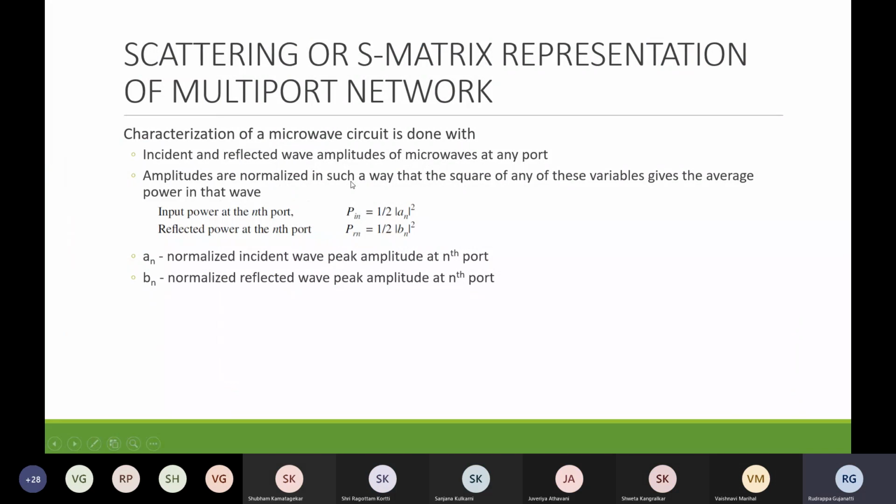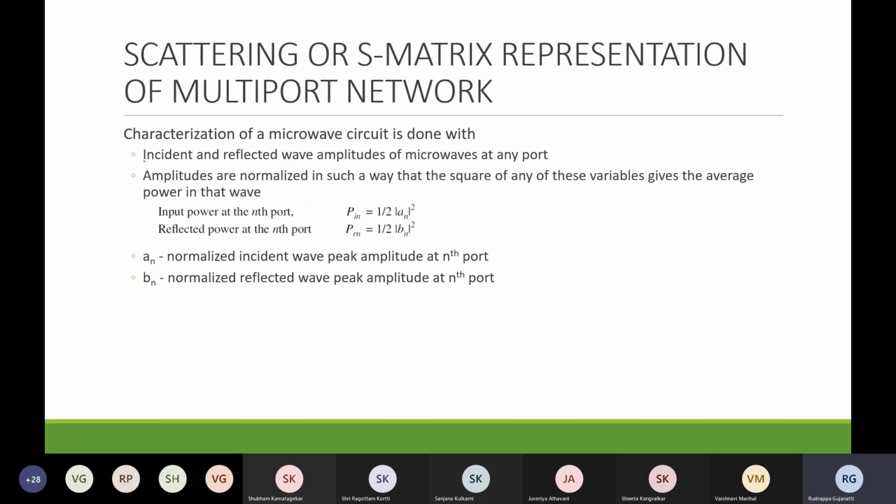In high frequency, multiport microwave networks, we come across two parameters: one is called the incident wave and the other is called the reflected wave. This is one parameter we have to consider in the S-matrix representation.